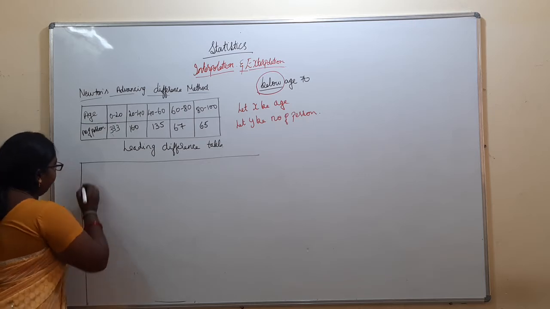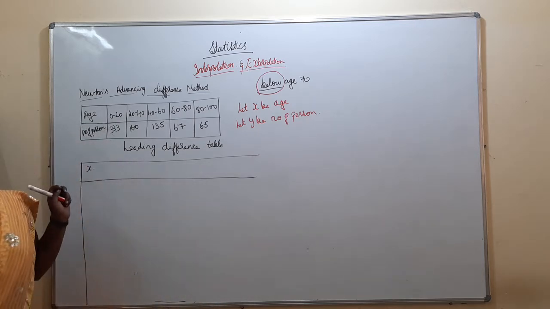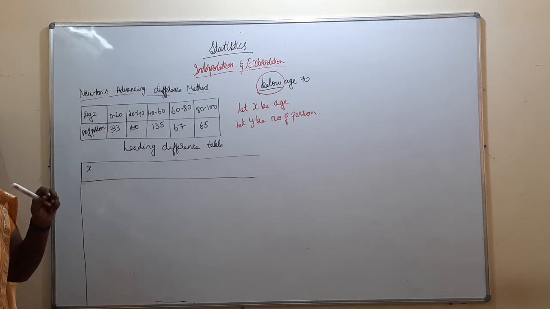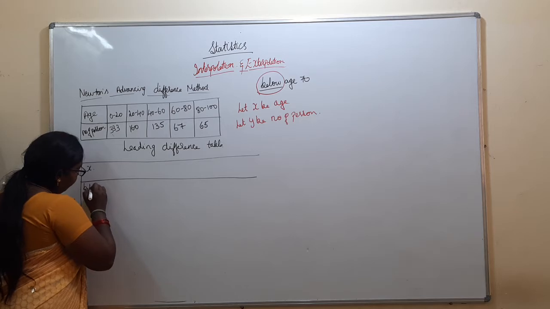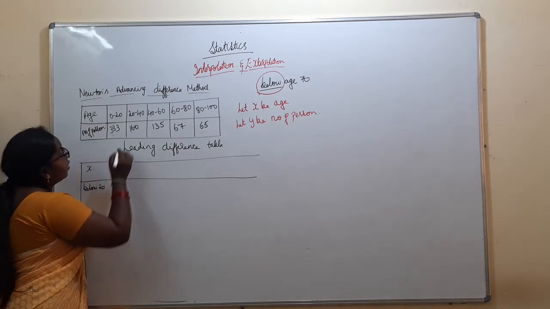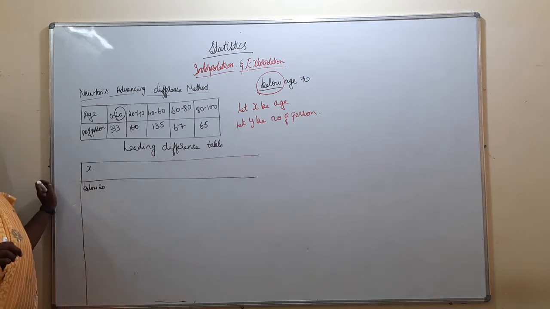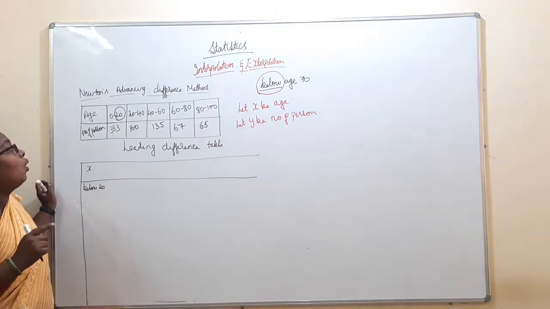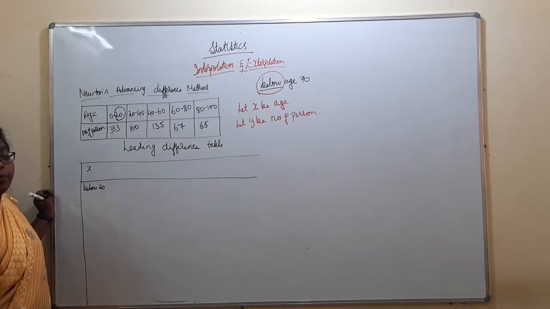So my x I will be taking as usual with the word below: 20, 40, 60, 80, 100 with the word below. So below 20, below 40, below 60, below 80, below 100. When you are converting your data from two variables into one variable, always we will be considering the second value with the word below.